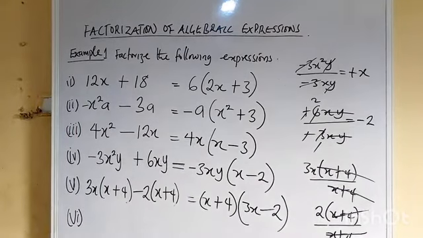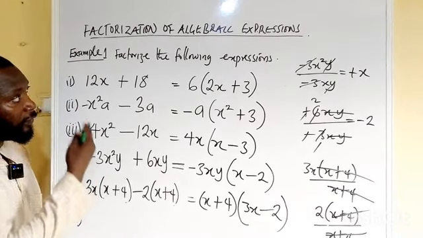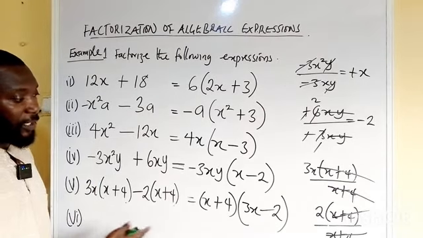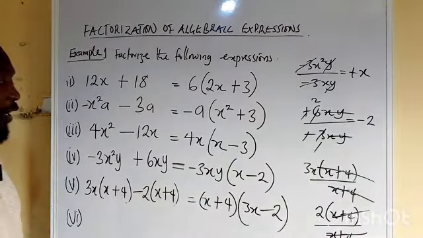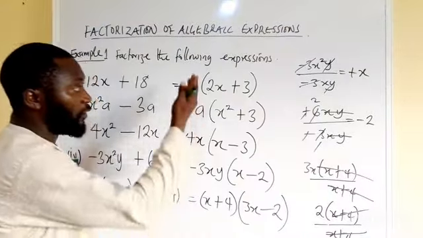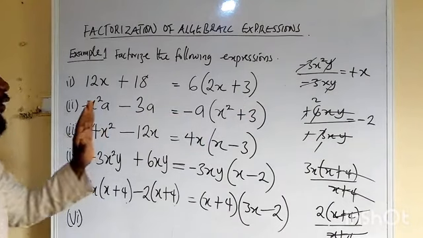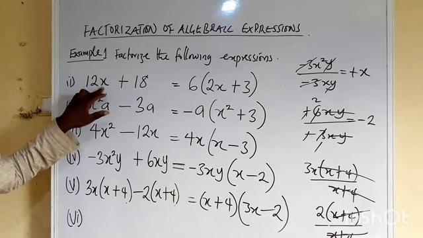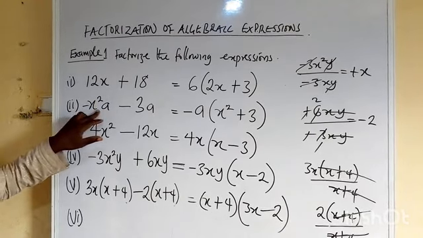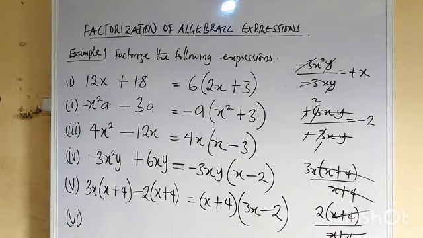So now we can see that we expressed each of the given expressions as the product of two expressions. The reason why all the results here are products of two expressions is because, look at the first question: this is a linear expression, and this one is quadratic, quadratic, quadratic.